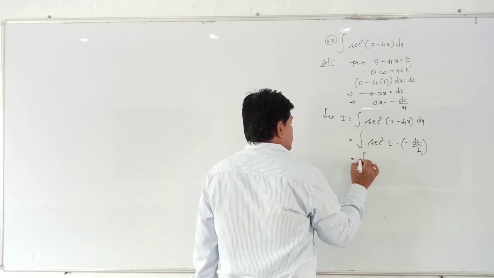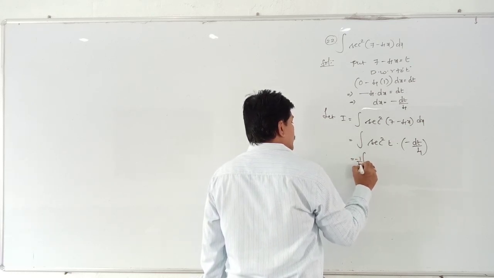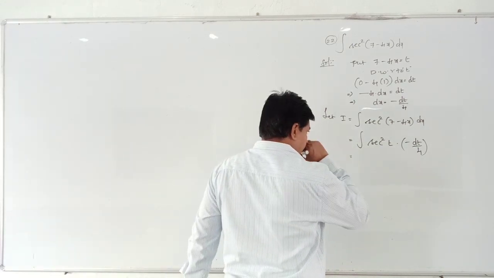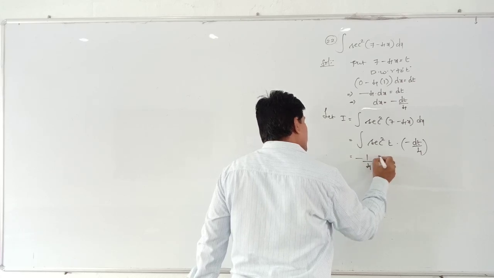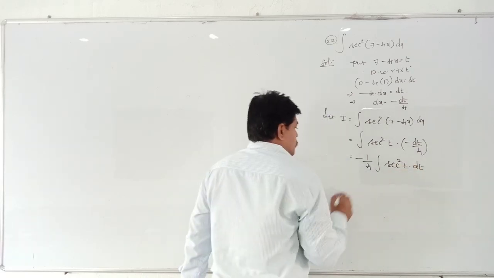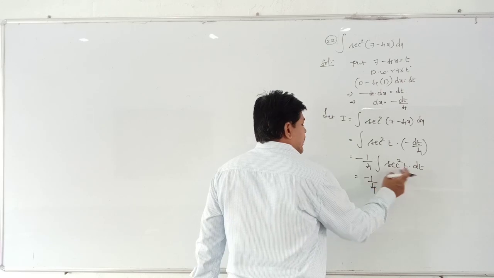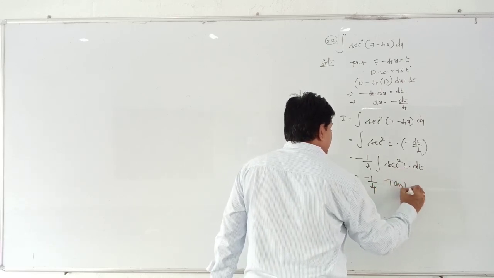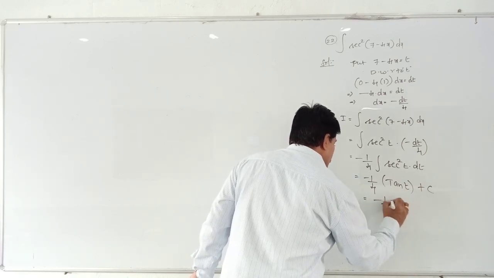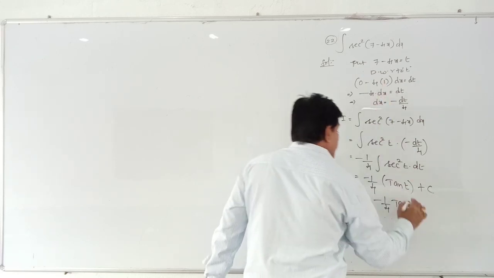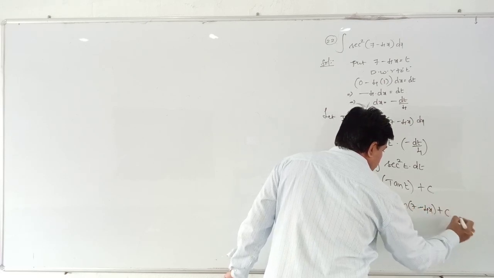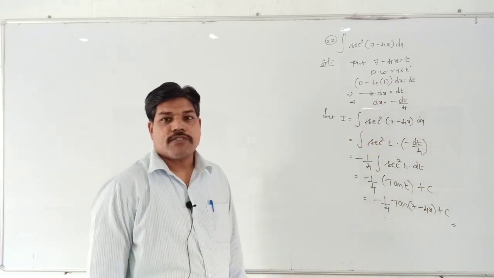So it can be written as minus 1 by 4 integral of secant square t into dt. So that is equal to minus 1 by 4 times the integral of secant square t, which is nothing but tan t, plus c. So that is equal to minus 1 by 4 tan of the t value. What is the t value? It is 7 minus 4x, plus c.